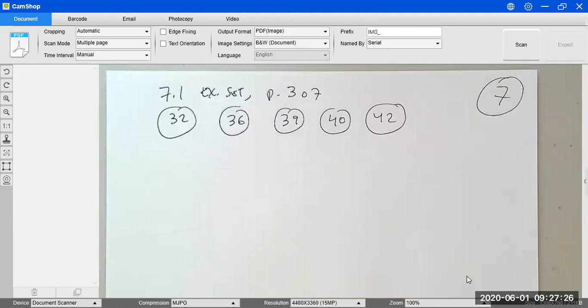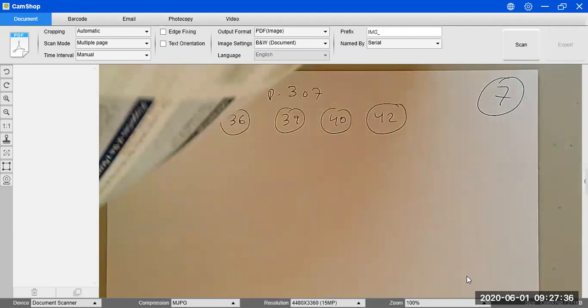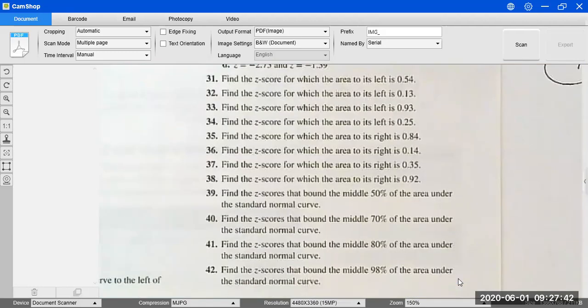So 5 more problems to finish this section. So the problems are here. So you just need to look within this section here, 32 to 42.